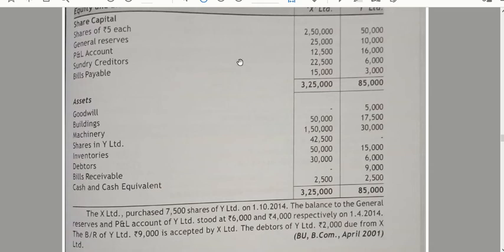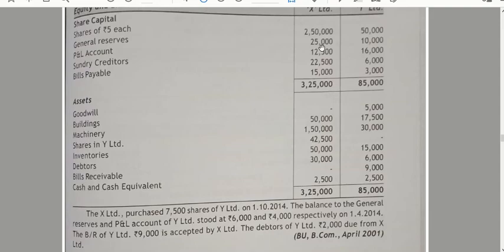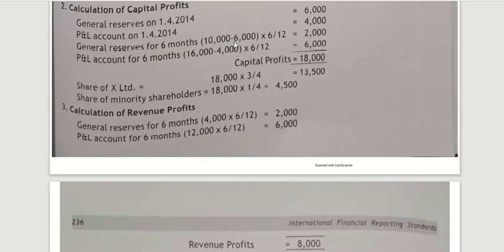General reserve for 6 months, how much is your amount? 10,000 minus 6,000, which is your general reserve that we have taken, into 6 by 12, which is equal to 2,000.